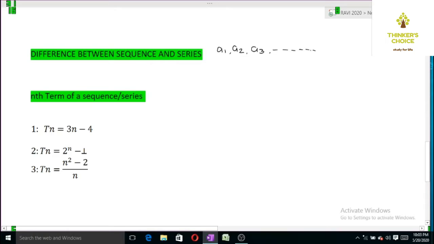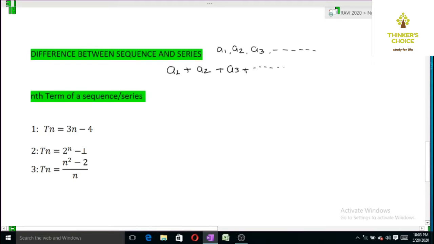Now if we use a plus or minus sign between each term, either a plus sign, a minus sign, or both, like this, suppose A1 plus A2 plus A3 plus dot dot dot, then this pattern is called a series.